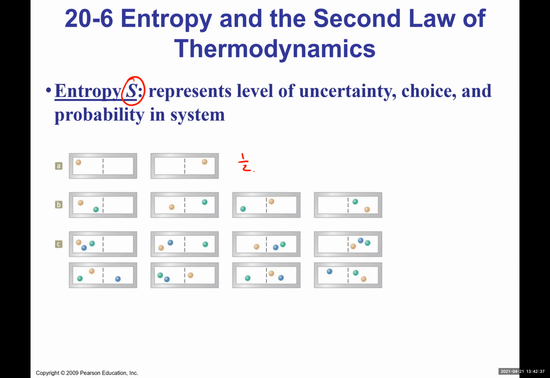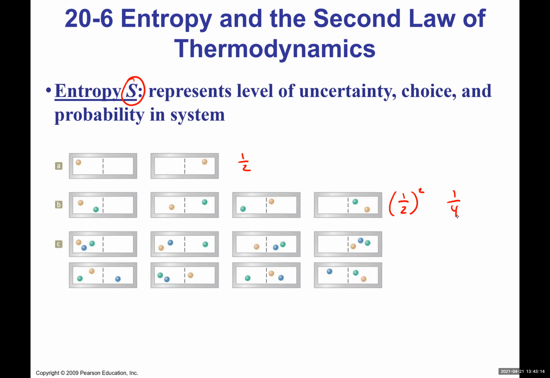If you're then considering two molecules, both of them on the left side, or technically both on the right side, then the probability is 1/2 squared, or basically 1 in 4.